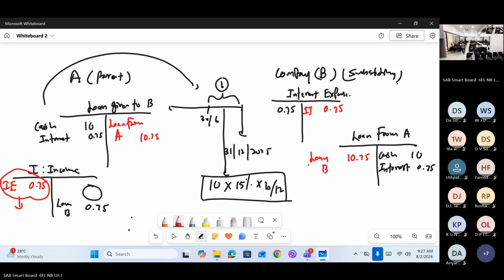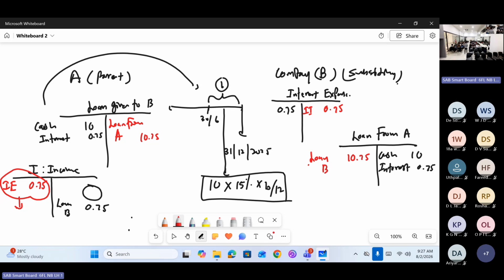Remember that we calculate the accrued interest, right?